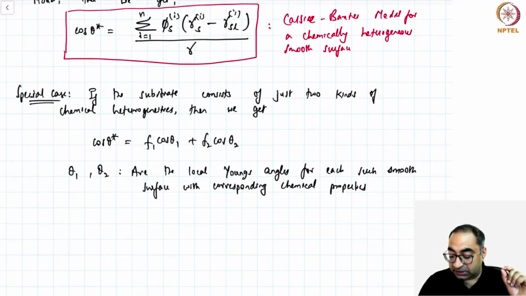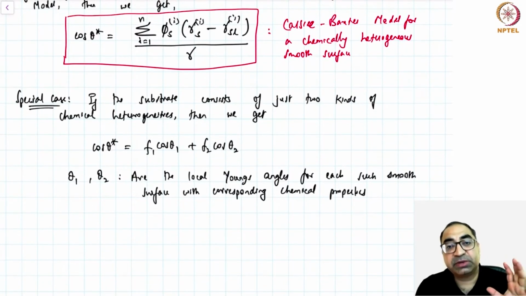For example, consider a simple situation where there are only two chemical heterogeneities. The example that I gave was a case where we have a smooth, clean glass surface, along with the same surface etched or chemically treated at a few places using various techniques like masking.